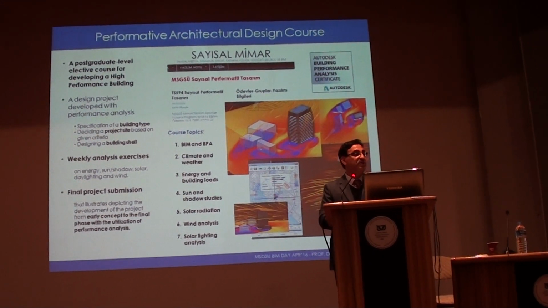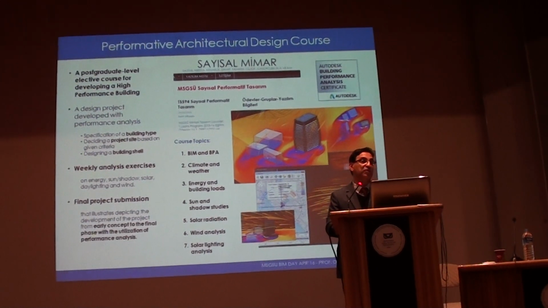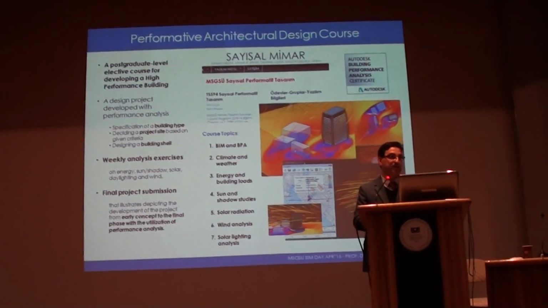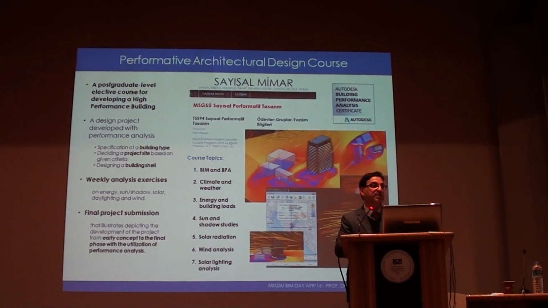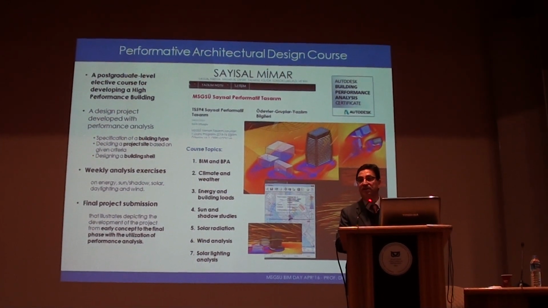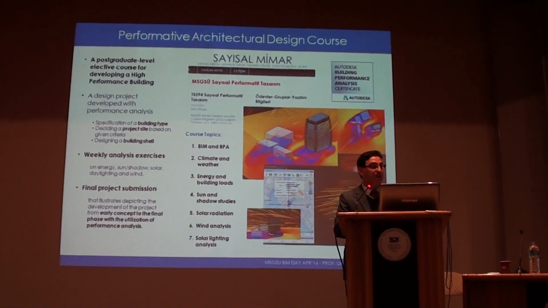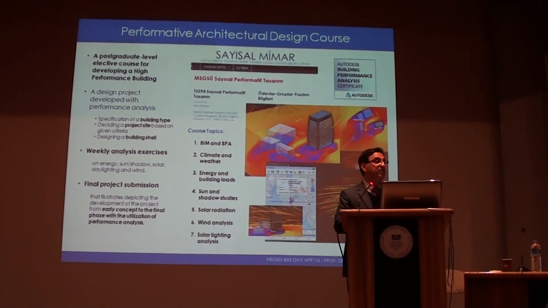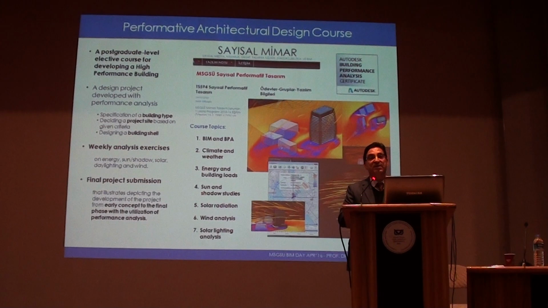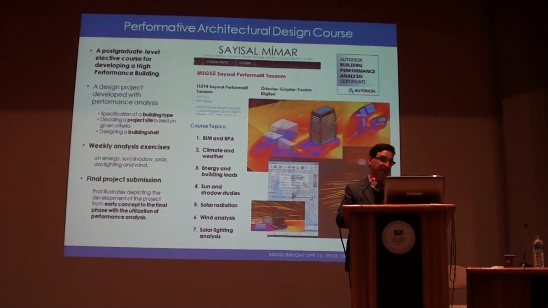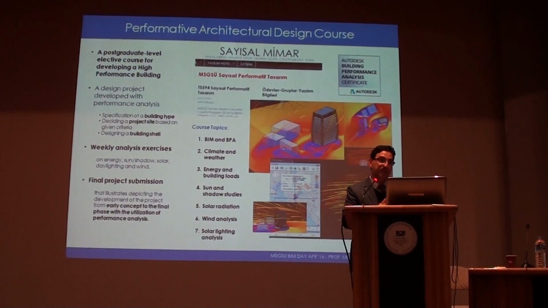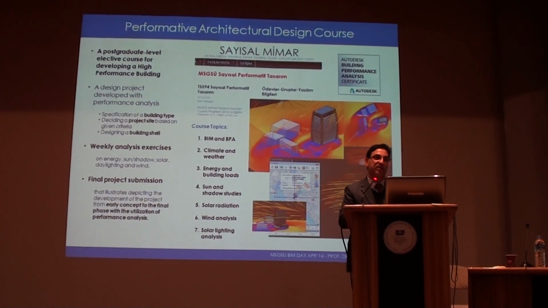They are supposed to decide on their construction site, building site. We only give them the size of the site they are supposed to select. Also, different from other projects, they are only required to design the outer shell of the building. We don't have much time to spend on the inside of the building.